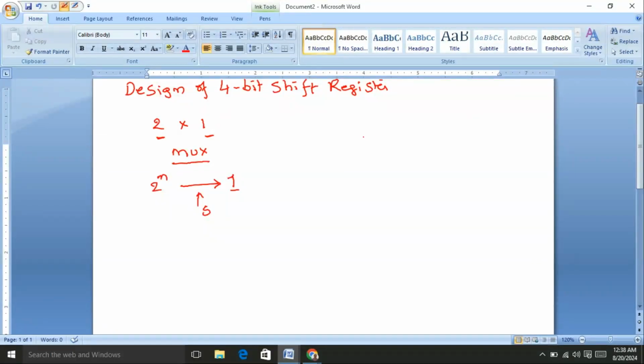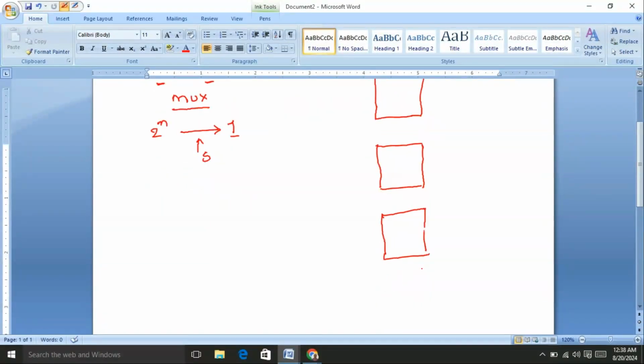So this is the first 2 by 1 multiplexer, this is the second 2 by 1 multiplexer, this is the third 2 by 1 multiplexer, and finally this is the fourth 2 by 1 multiplexer.